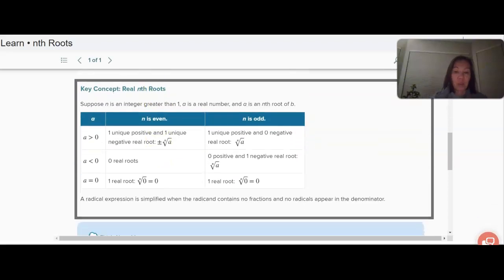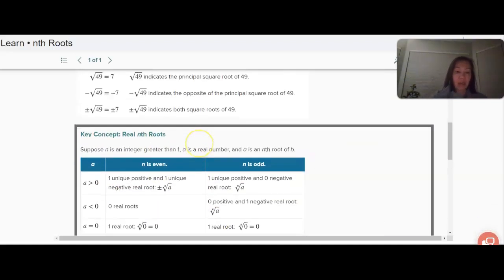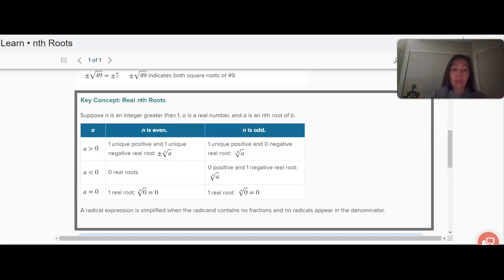A few things: we'll look at the cases when the radicand is greater than 0 or less than 0, and n is even, so square roots, fourth roots, sixth roots, versus when n is odd: cube roots, fifth roots, seventh roots, etc. If n is even and the number under the root is greater than or equal to 0, then we have one positive and one negative root.